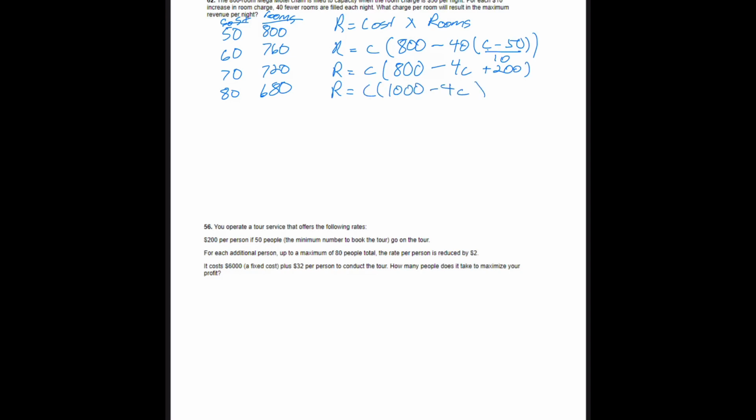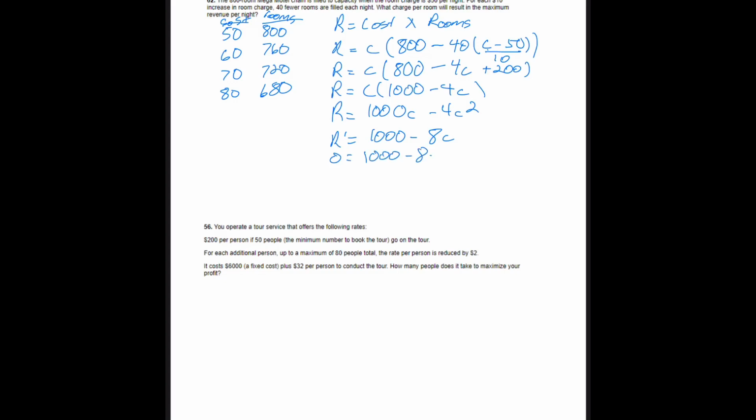So this would be plus 200. So in the end, we end up with R equals c times 1,000 minus 4c, or R equals 1,000c minus 4c squared.